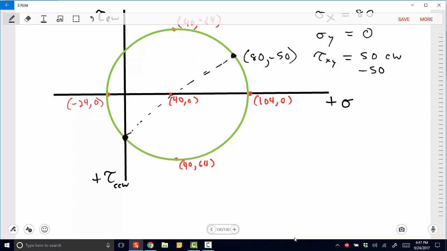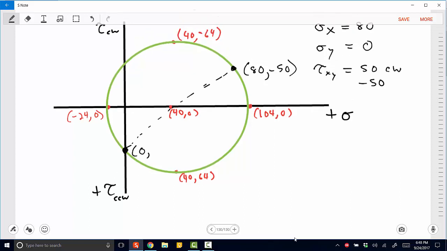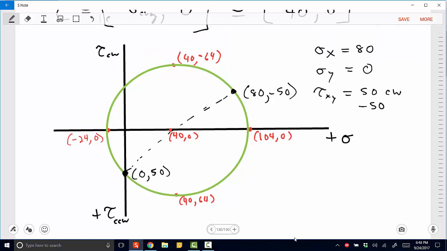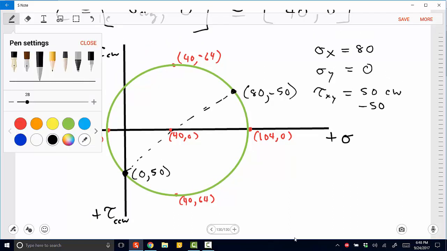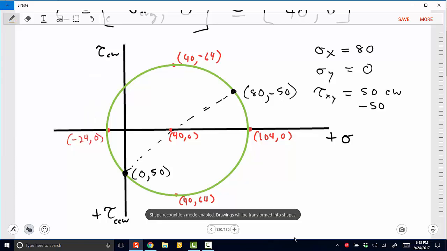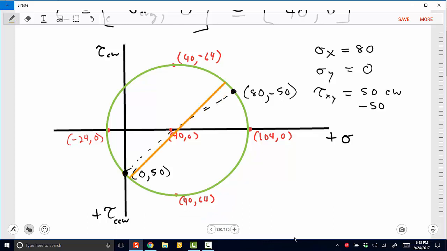Sigma y is equal to 0. And look, we're right on that 0, right? So 0. And the opposite of this tau on the other side would be positive 50. So 50 clockwise, so just positive 50 here, right? And then with that knowledge, we can go ahead and draw our nice smooth line here.